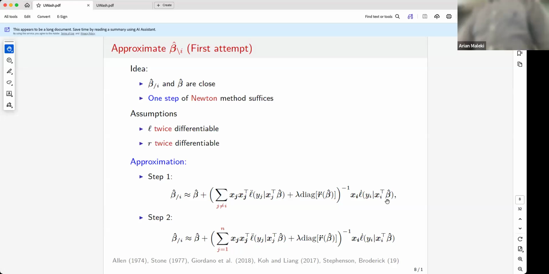You could add any rank one matrix there. Regarding the privacy, I'm going to get back to the privacy later. Here you're not concerned with privacy.